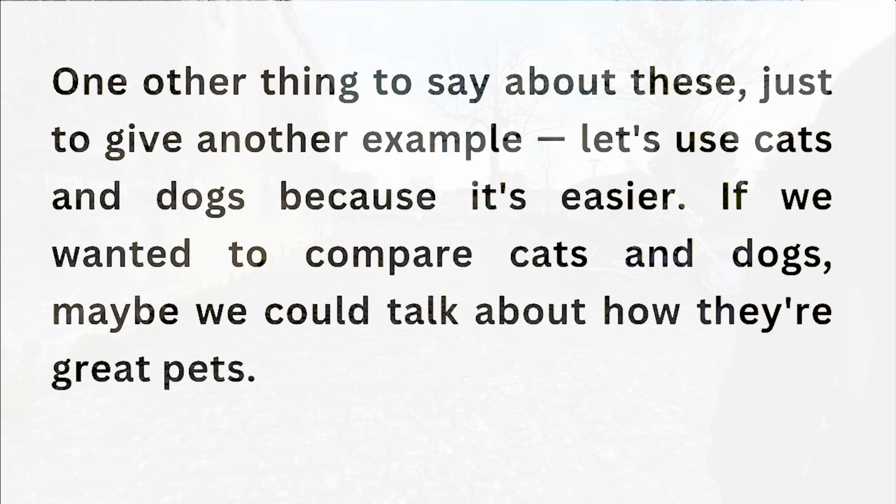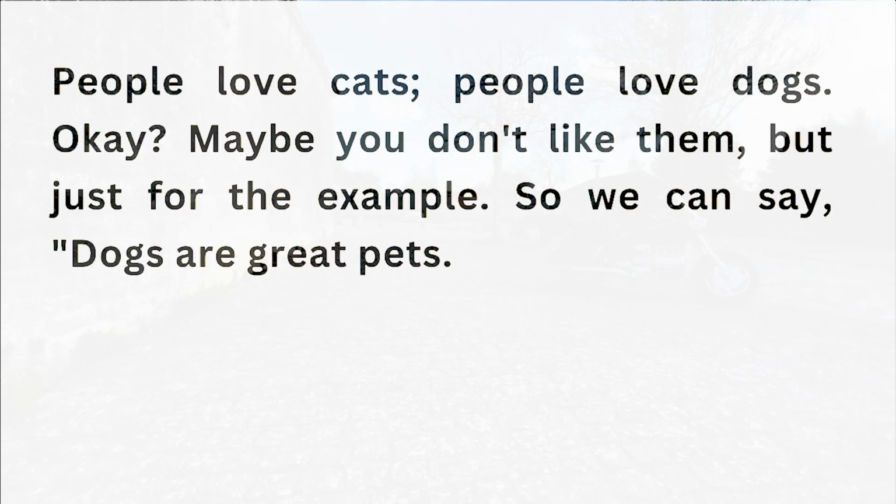One other thing to say about these, just to give another example, let's use cats and dogs because it's easier. If we wanted to compare cats and dogs, maybe we could talk about how they're great pets. People love cats, people love dogs. Okay? Maybe you don't like them, but just for the example.